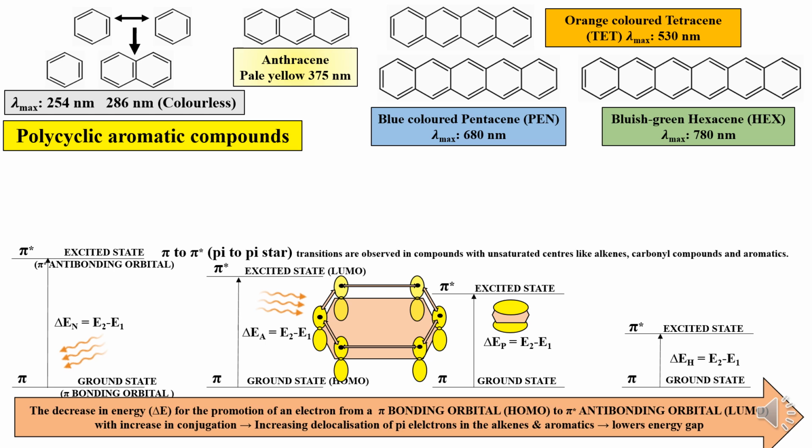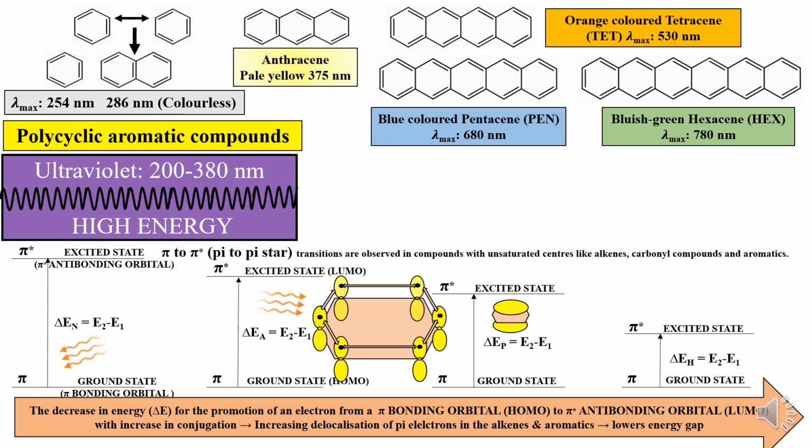So each benzene ring, remember, has three double bonds that are in conjugation with each other. So as the number of benzene rings add up, there is increase in conjugation. You can say there is extended conjugation. So with increase in conjugation, there is increase in delocalization of pi electrons. And this lowers the energy gap between the ground state and the excited state.